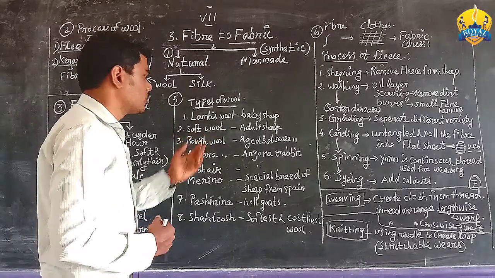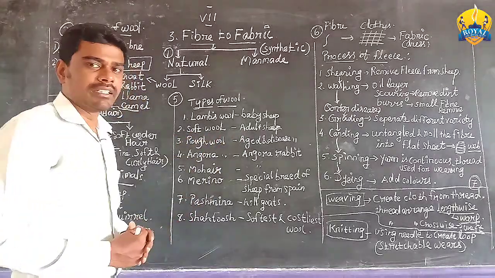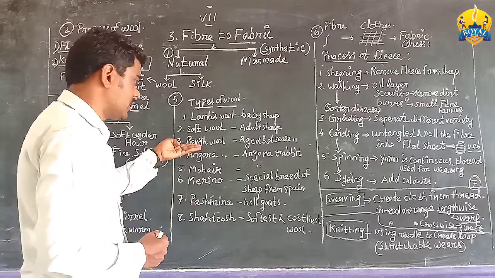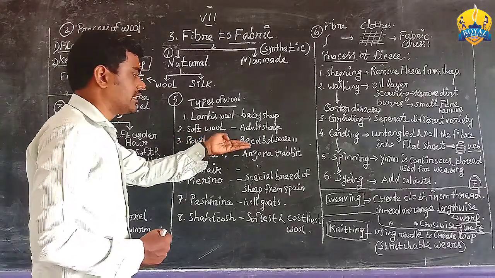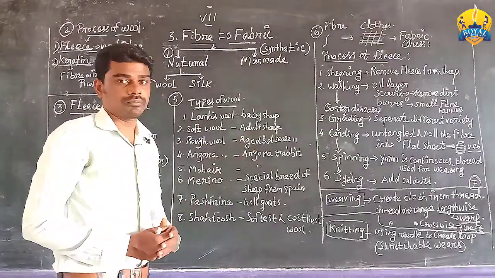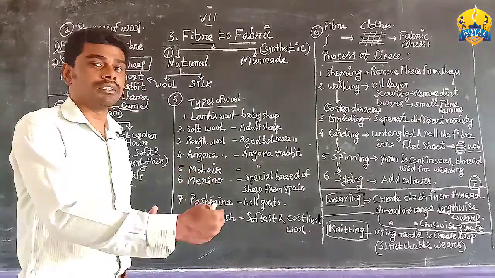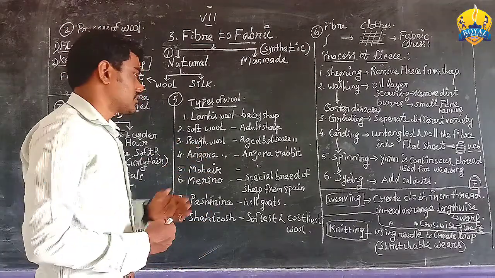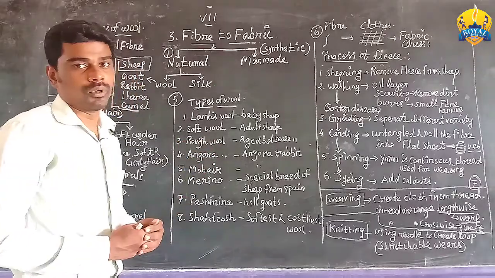And next, soft wool, which is from adult sheep. Then rough wool, from aged and diseased sheep. That aged and diseased sheep produces rough wool.